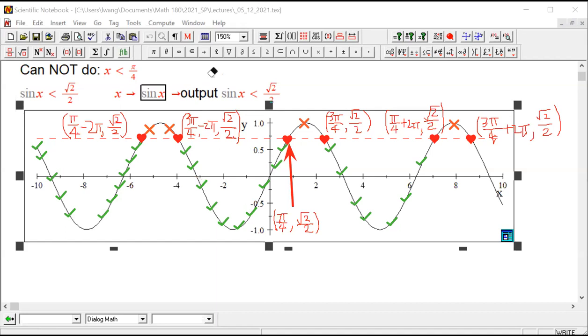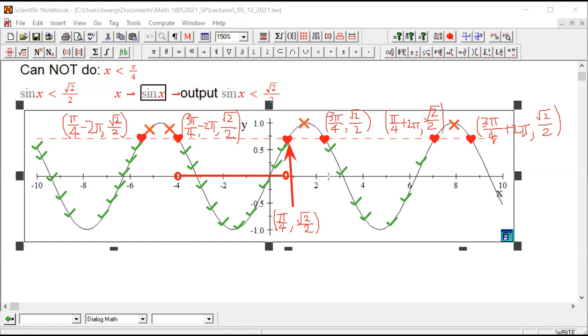We have lots of solutions. So this piece we checked, this piece is the solutions, with circles. Now the next piece.